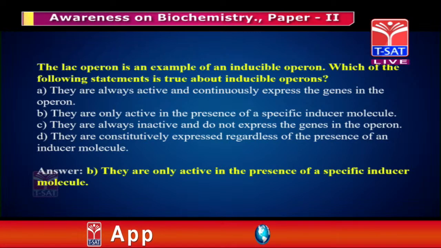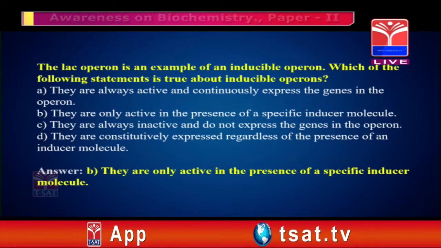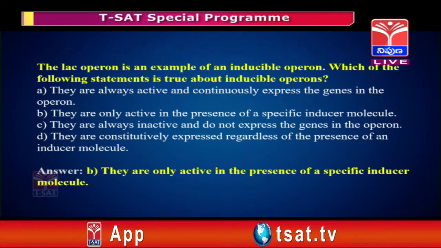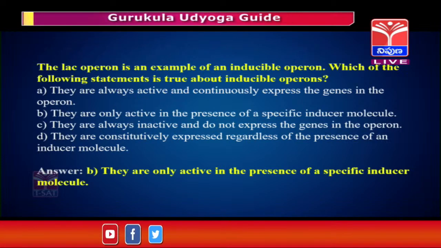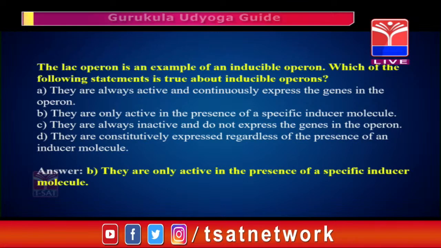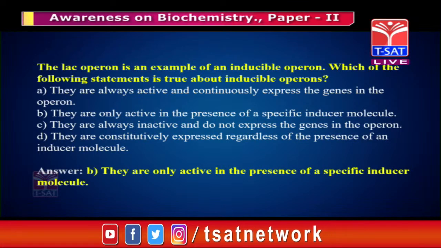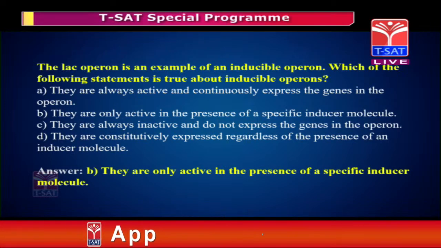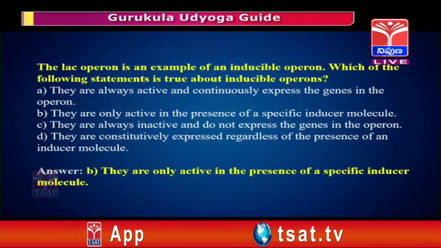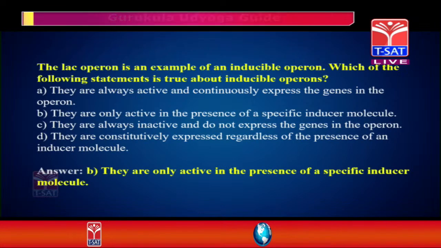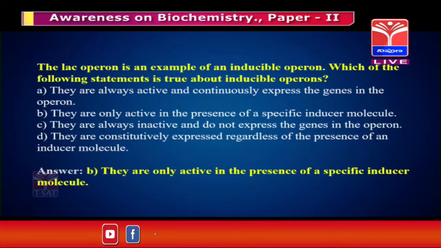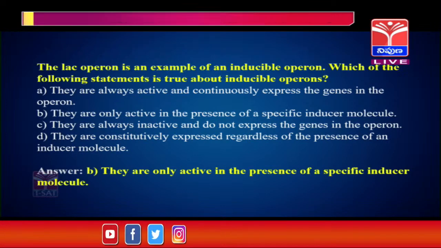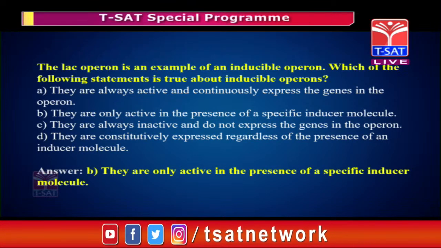When questions are asked, maybe directly one question may not be asked; one topic may be interrelated with another topic. The options here: they are always active and continuously express the genes in the operon; they are only active in the presence of a specific inducer molecule. So we need to know what an inducible operon is, what an inducer molecule is, and what the role of an inducer molecule in an operon is. These concepts need to be thorough.